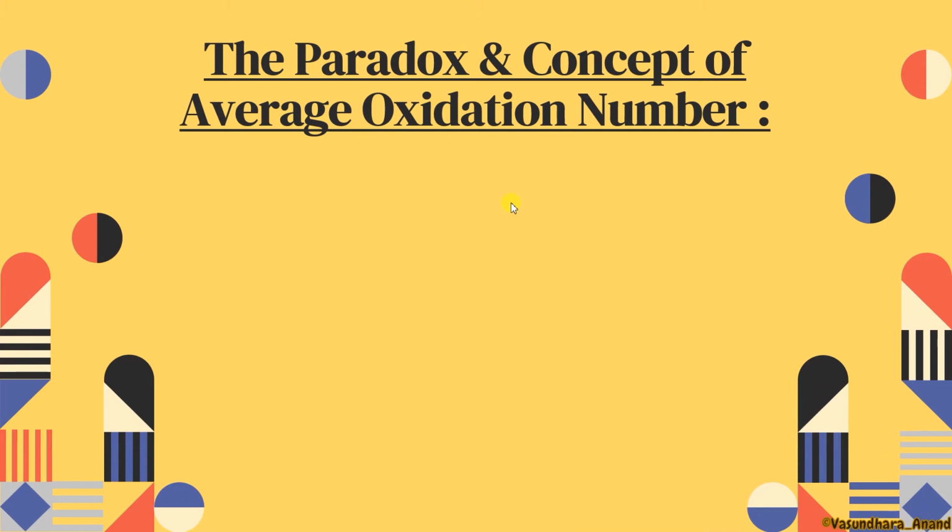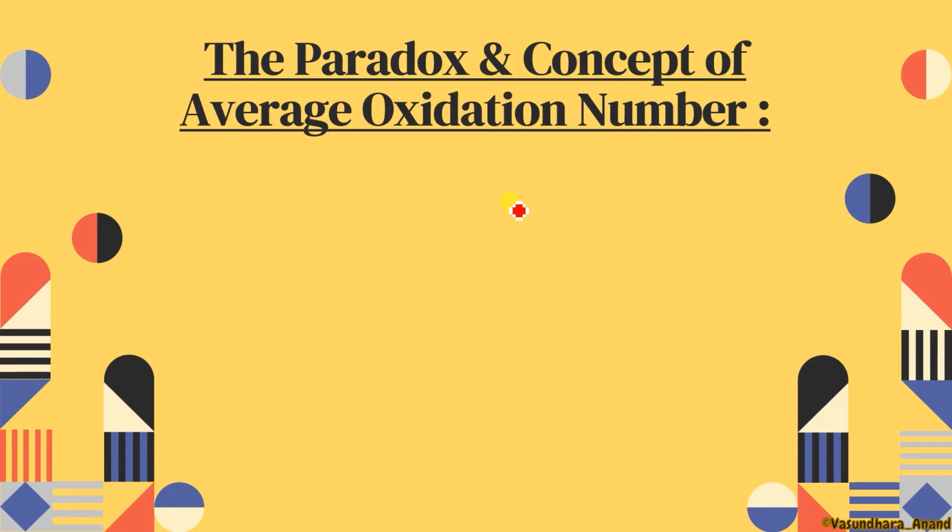Why? Because what is oxidation number? It's just the number of electrons which is going to be lost or gained by an element to make it react. So electrons will never participate in fractions, isn't it? It will always be a whole number, but still our oxidation number comes in fractions.